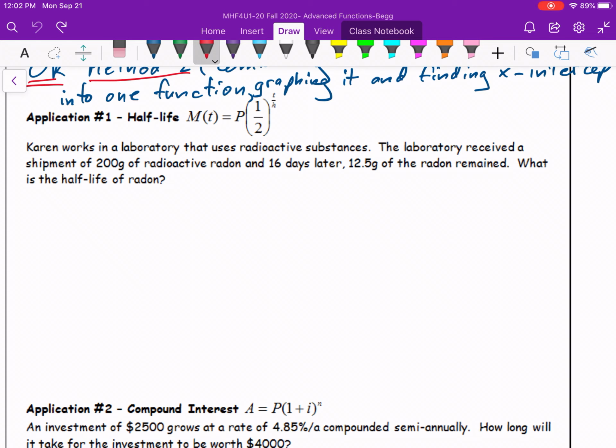P is the initial value, and m is the final amount, and then the exponent t over h is going to just give us how many halving periods occur. And then the base, 1/2, is because we're cutting something in half.